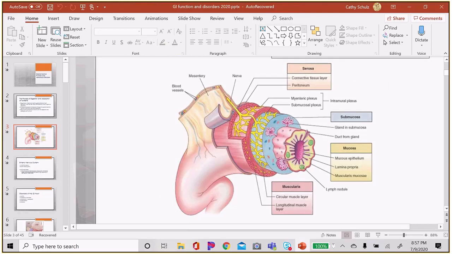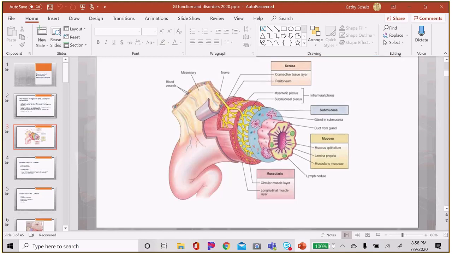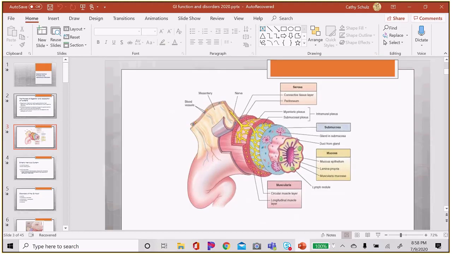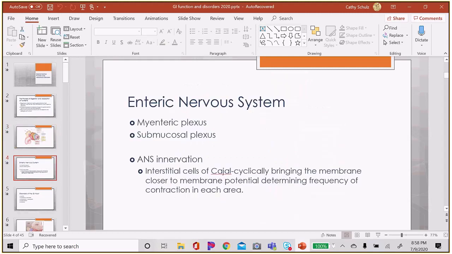It receives information from the parasympathetic nervous system, but it is highly innervated in and of itself, trying to also control peristalsis. And then after that muscle layer is a serosal layer, which is the connective tissue and peritoneum. And you can see that there's lots of nerves there, and that's where the blood vessels come in from the peritoneum to supply the GI tract. And those layers are present to some degree in all aspects of the GI tract.